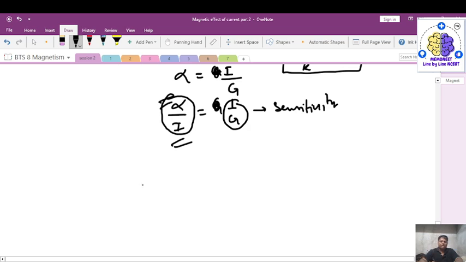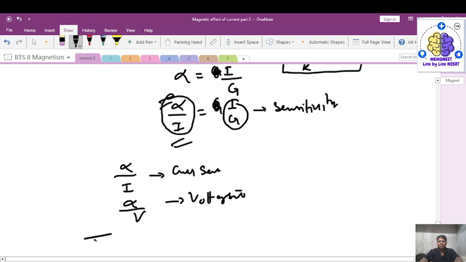That is, if it shows a deflection alpha for a current I, then this is known as current sensitivity, and if we write it as alpha upon V, then it will be known as voltage sensitivity, right? That is degree per ampere and degree per volt.